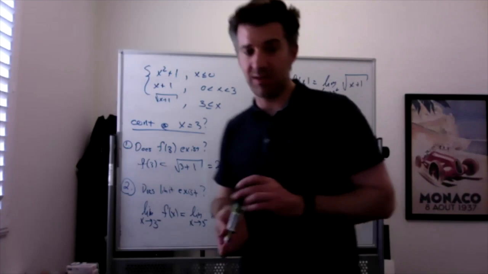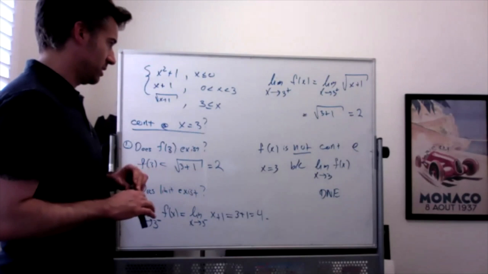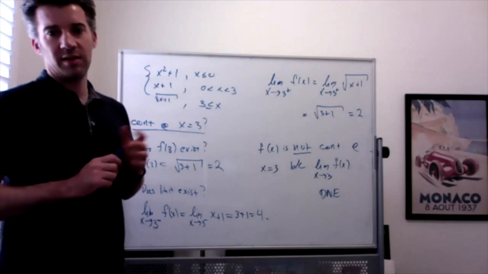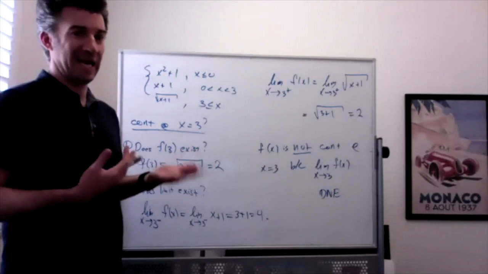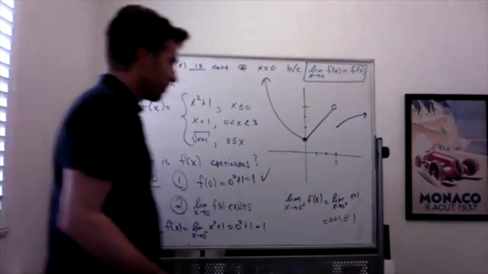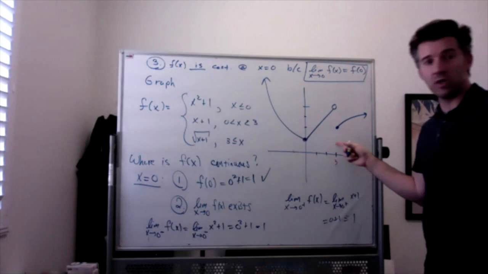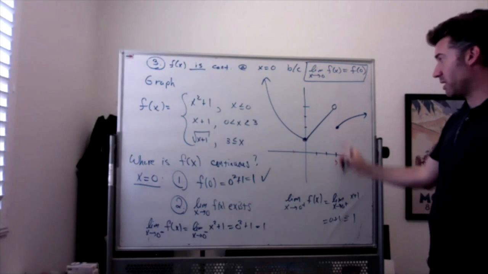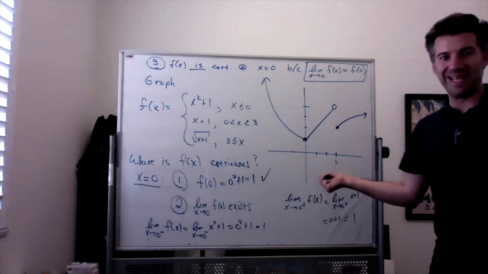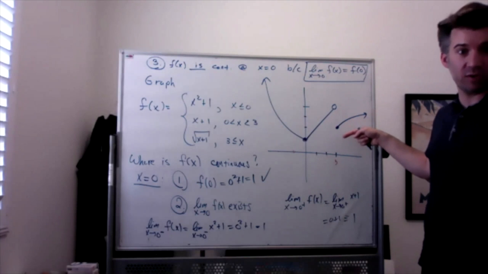Since I'm going to talk about this topic today anyway, I should also mention that there is something called one-sided continuity. I would say that this function at 3 is right continuous because the limit from the right is equal to the function value.